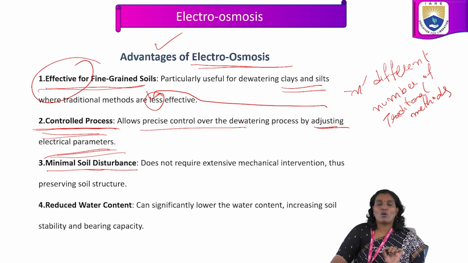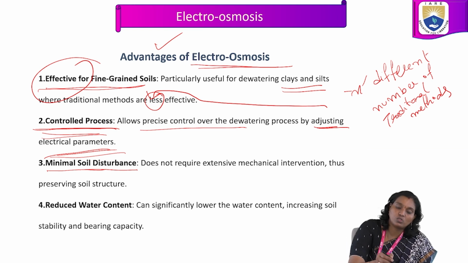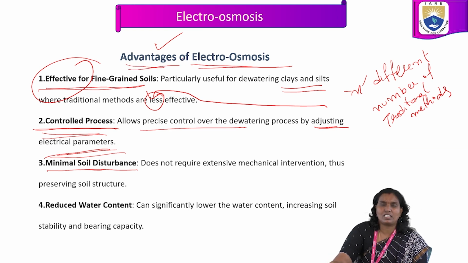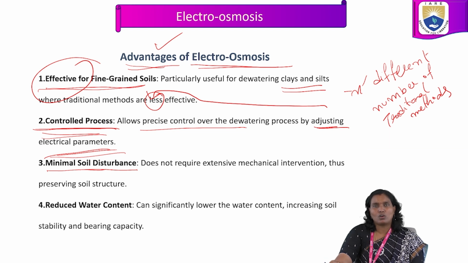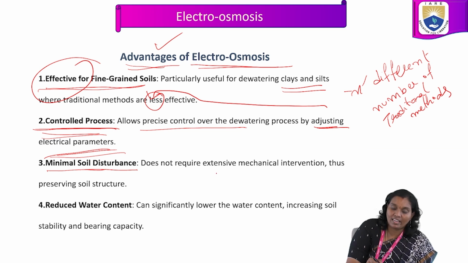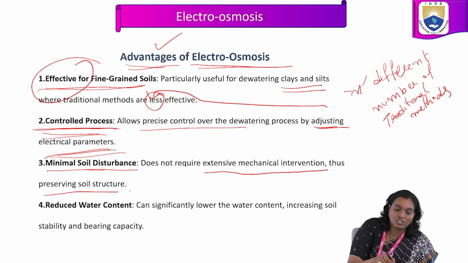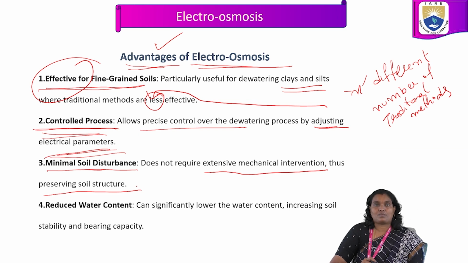Minimal soil disturbance is also one of the major advantages of electro osmosis. It does not require extensive mechanical intervention, thus preserving soil structure. So this is one of the important advantages of electro osmosis.